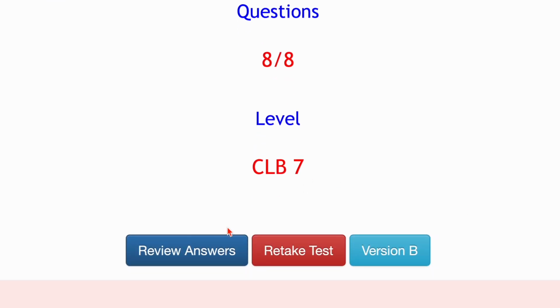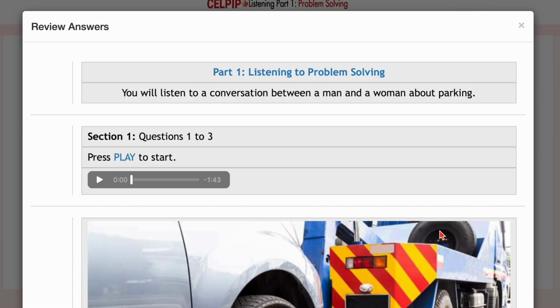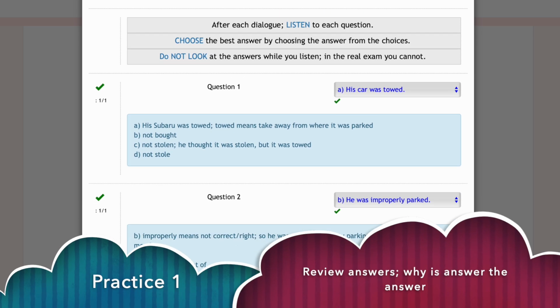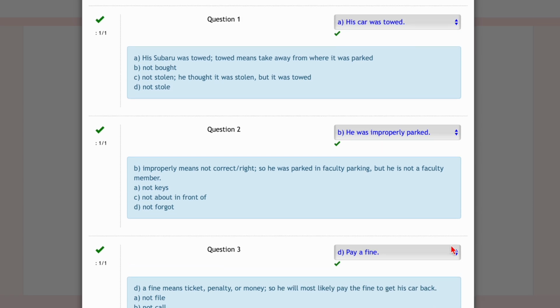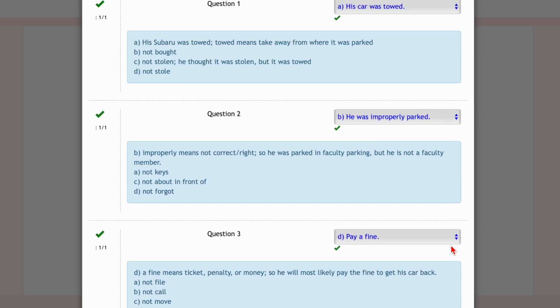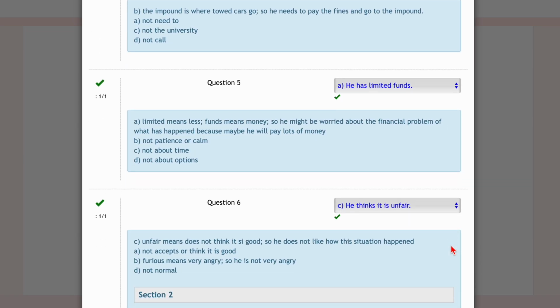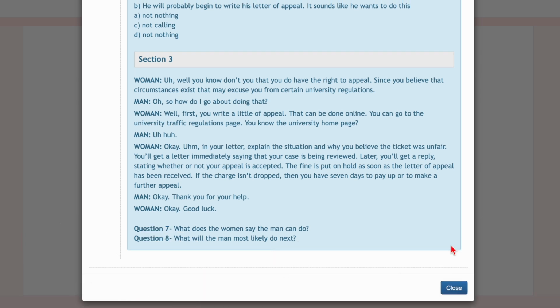All right. So everyone, what can we do to practice? Well, the first thing we can do to practice is review the answers, everyone. Let's review why the answers are the answers and why the other options are not the answers. This is a very good way to understand the answers and increase your comprehension, okay?